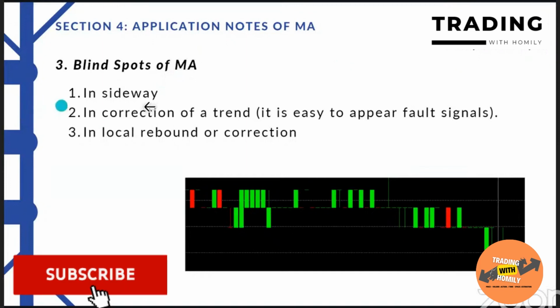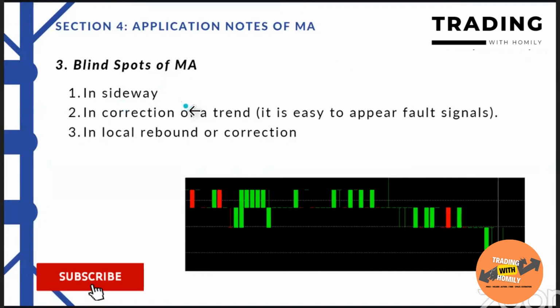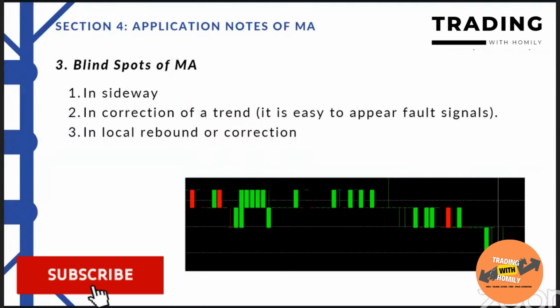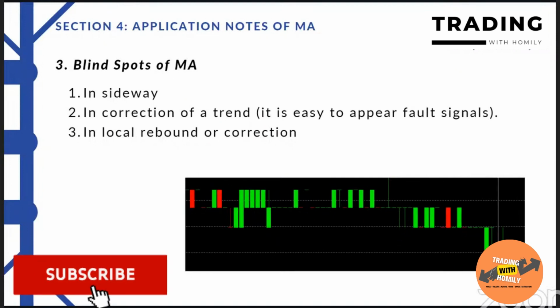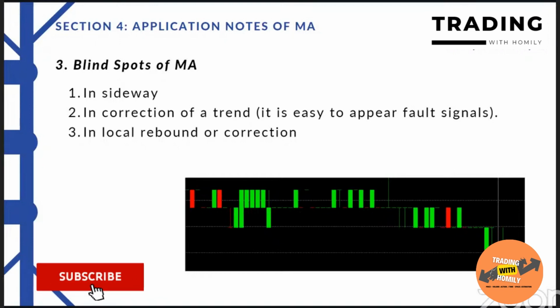The first one is in sideways. Just now I have told you, even though you see the golden cross or that cross, but if your stock is in a sideways, it will also not be so accurate when you see any signal of MA. Because why?